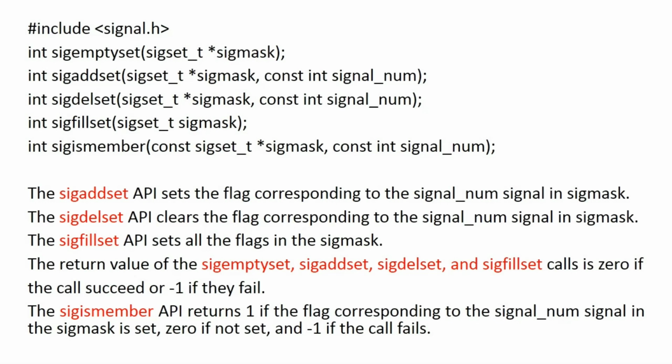Second one, you are adding a signal to the mask, meaning whether the signal is blocked or not. Third one, delete set, you are going to delete the signals blocked. Fill set sets all the flags in the signal mask. And sigismember just checks whether the signal is a member or not.